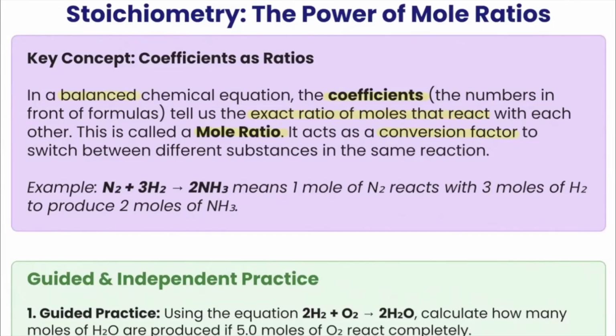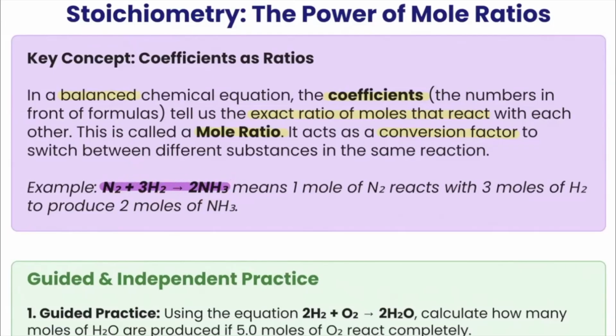So, for example, let's say you have nitrogen reacting with hydrogen to produce ammonia or NH3. Looking at this, I know this is balanced because I have an equal number of nitrogen and hydrogen on both the left and right sides.